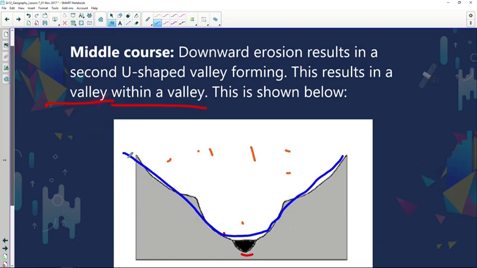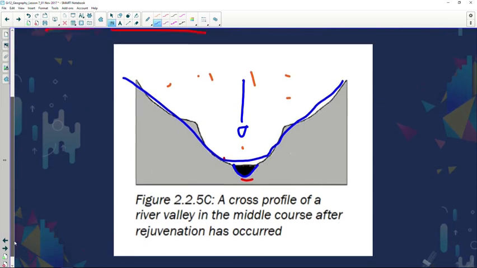Now, because the velocity of water increases and the volume of water increases, it creates even more downward erosion. And as you can see, it's a valley inside a valley that's been formed.